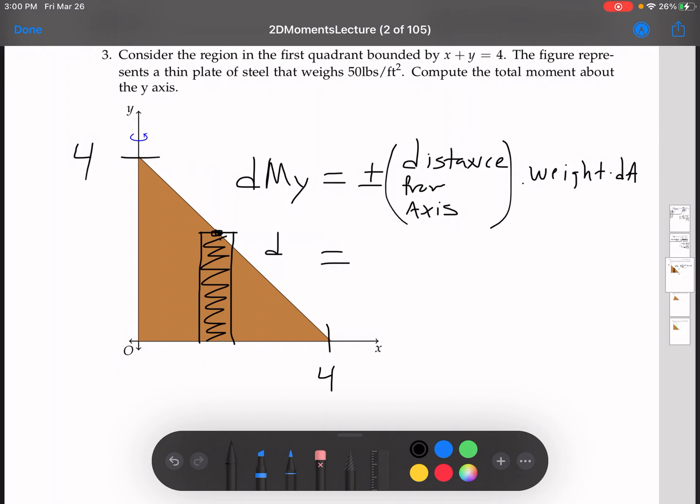Okay, so dMy. Now think about orientation here. Now think about if this thin plate of steel was actually just a thin piece of plastic or wood, and this was our steel rod, like we put on the platform in examples 1 and 2.